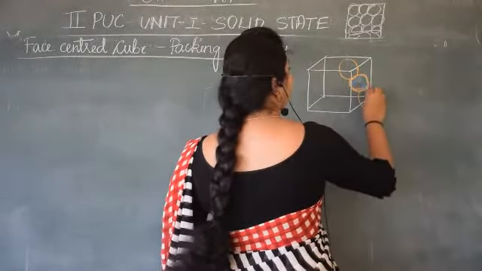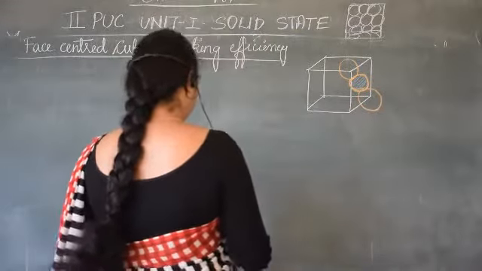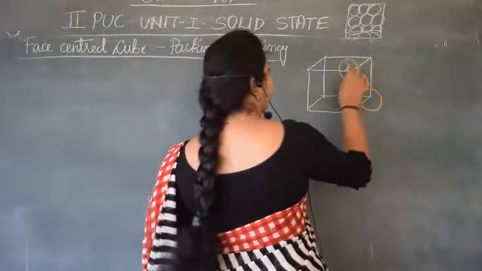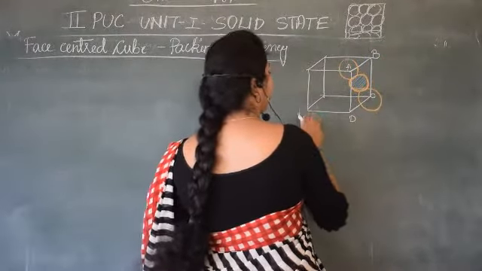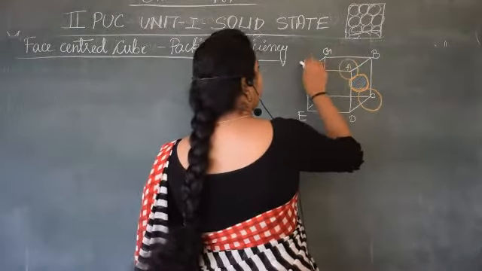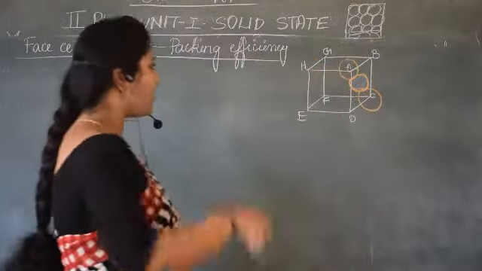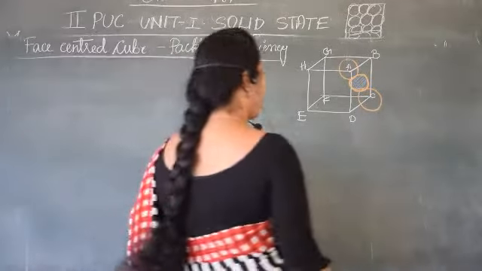I'll just shade it with blue, which means it is face center atom. Now let us name it A, B, C, D, E, F, G and H. We have named the corners of the unit cell.